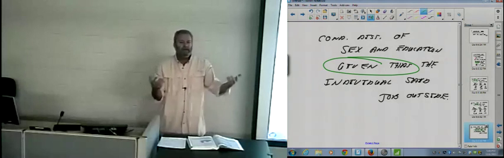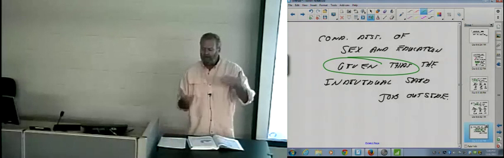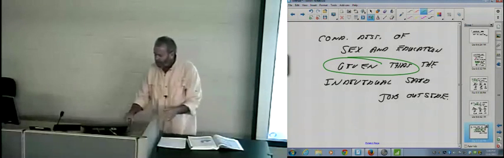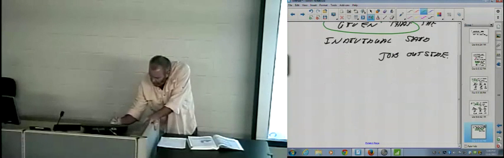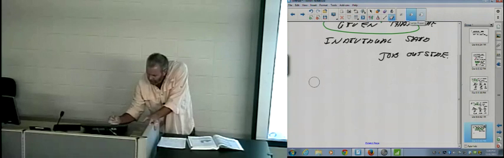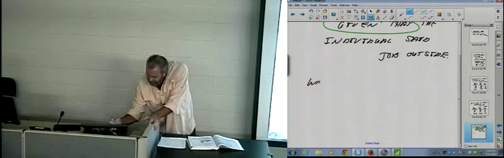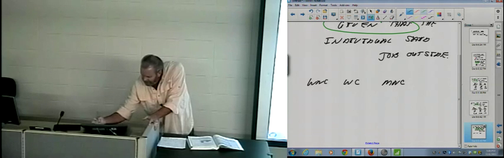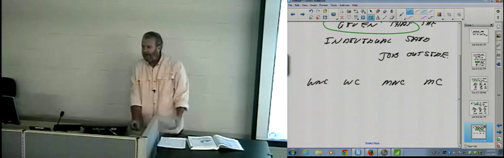Now, how many different percentages do I got to pick? I got to do one for every one of the rows, right? So I've got women, no college, women, college, men, no college, men, college. That's the 4 rows, right?